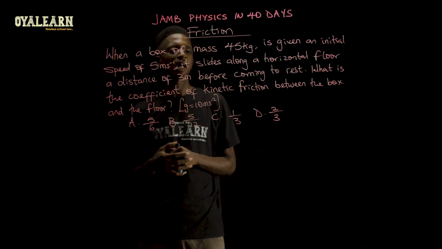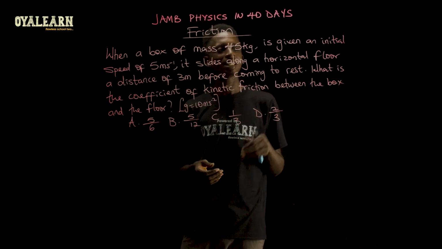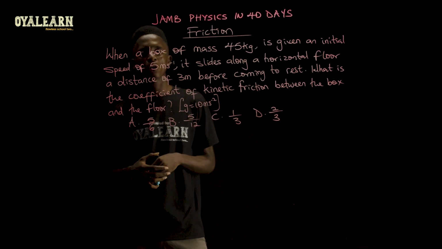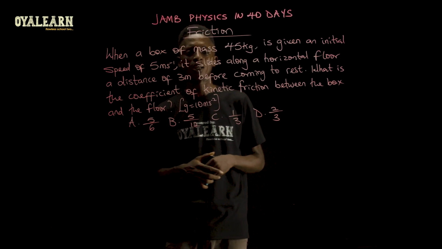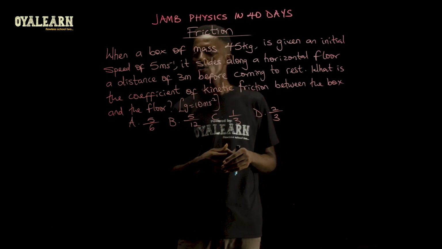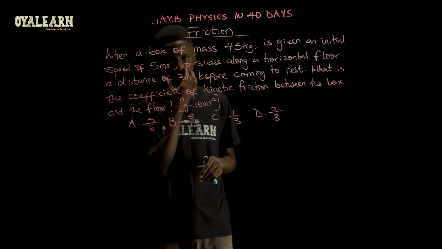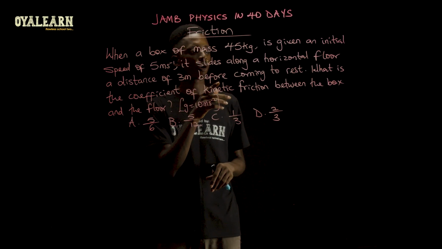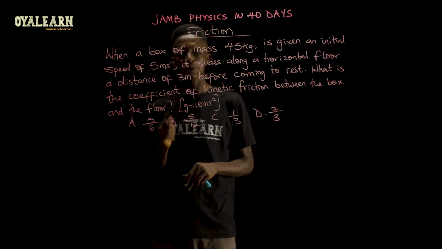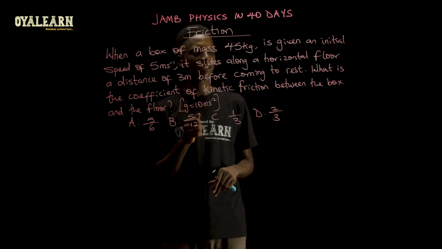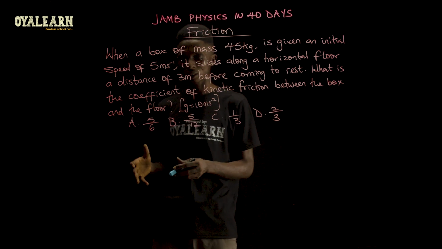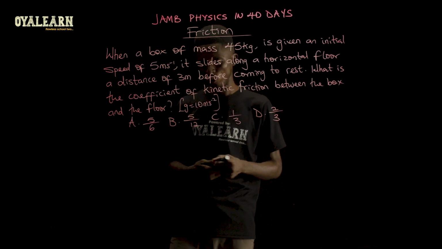When a box of mass 45 kg is given an initial speed of 5 meters per second, it slides along a horizontal floor a distance of 3 meters before coming to rest. What is the coefficient of kinetic friction between the box and the floor?